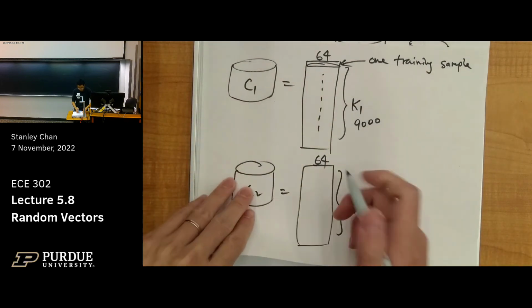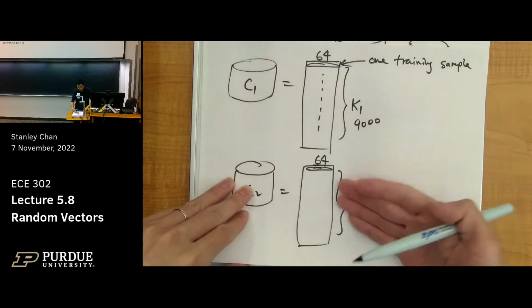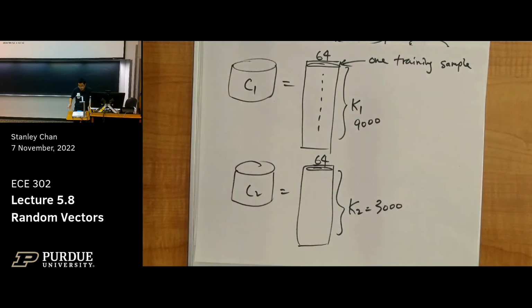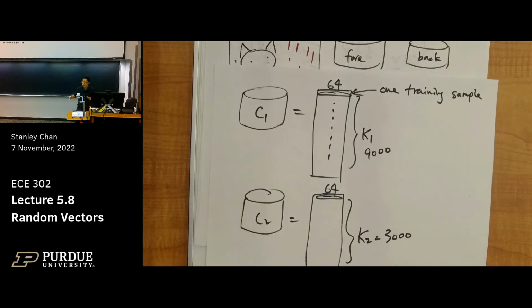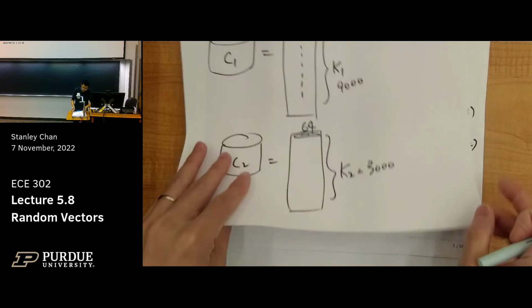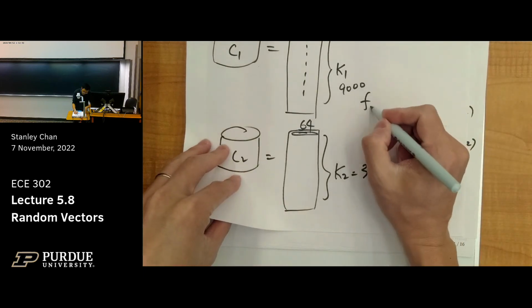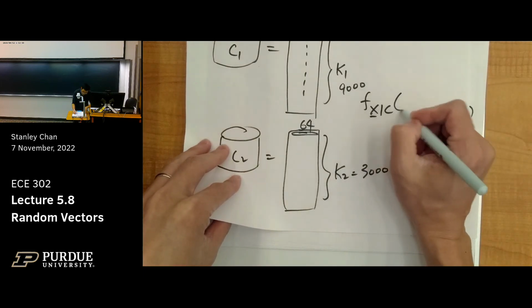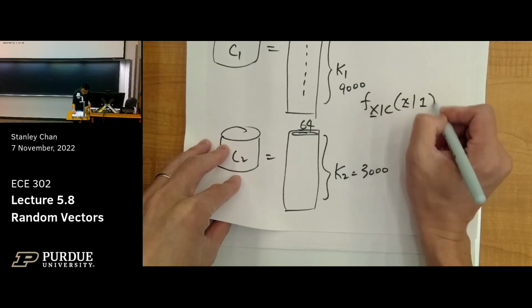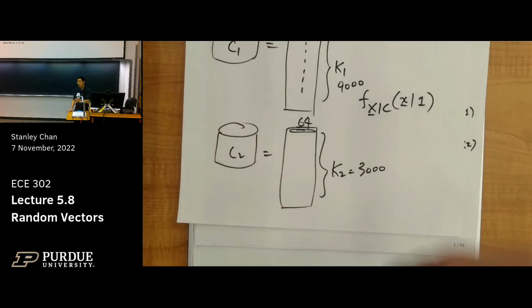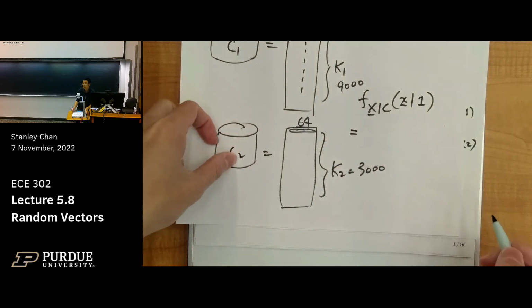So given these two gigantic training data sets, what do I need to do in terms of training? Well, I want to calculate this, x vector in class 1. And I tell you that it is a high-dimensional Gaussian.